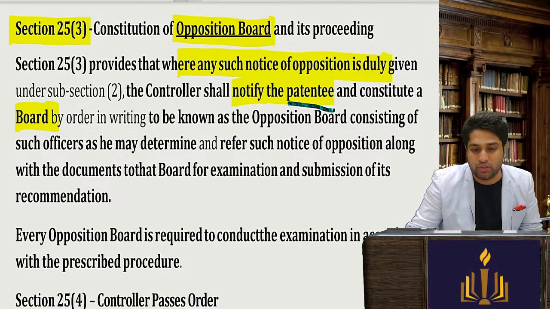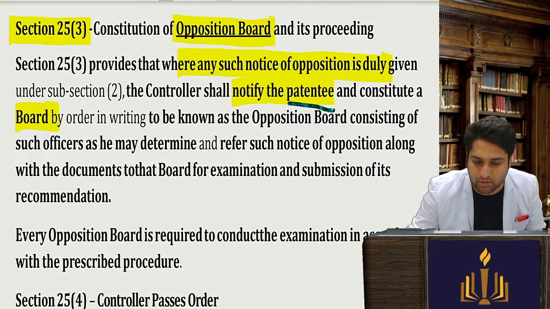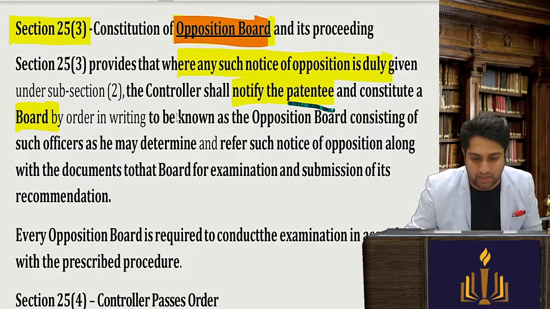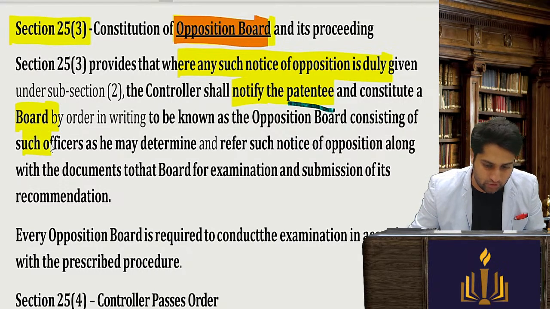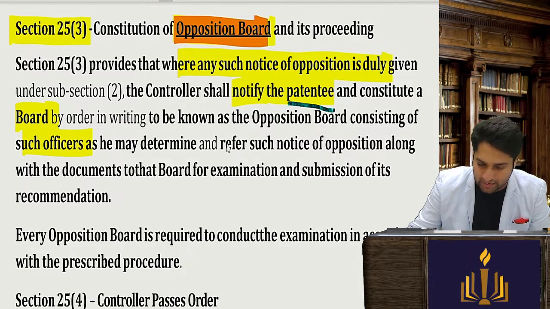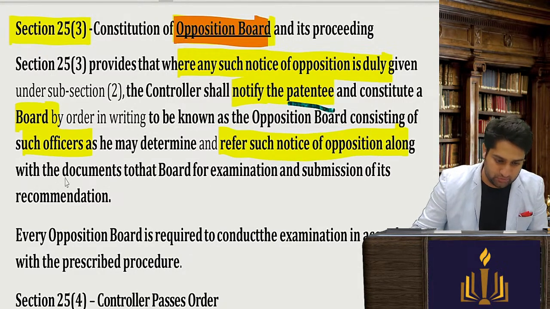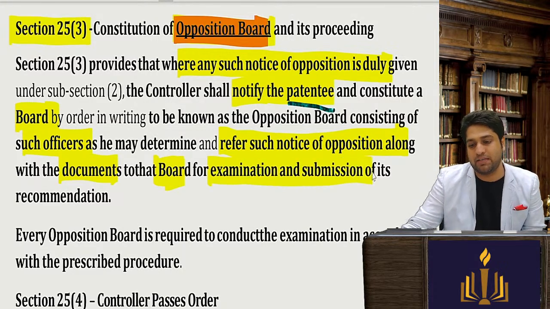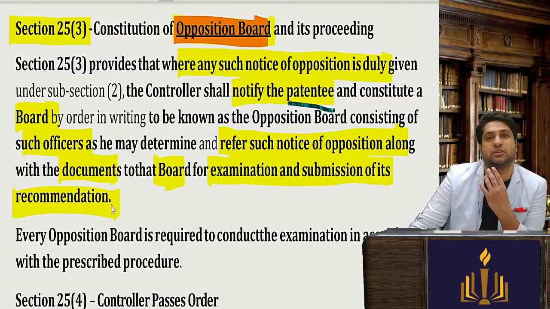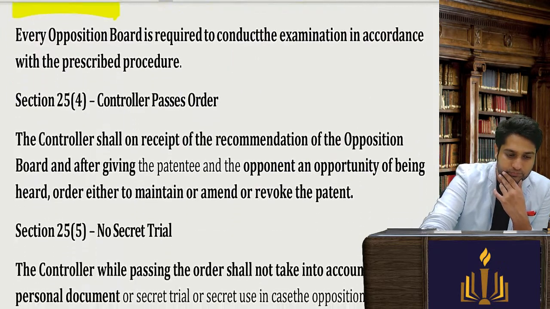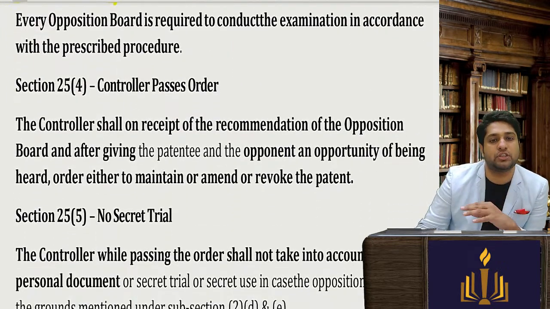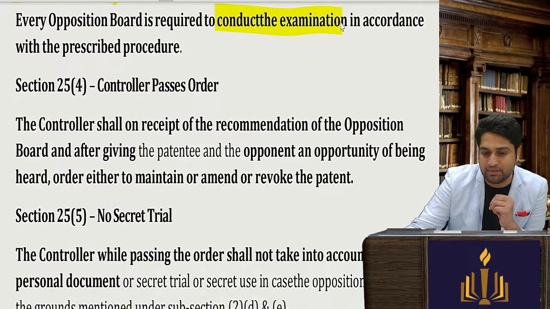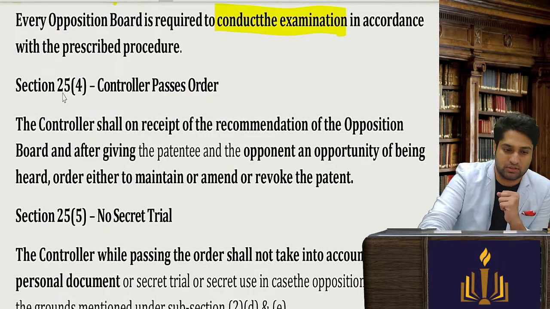And we will constitute an opposition board. The name of the board is opposition board, consisting of such officers as may be defined, and refer the notice of opposition along with the documents to the opposition board for examination and submission of its recommendation. Every opposition board is required to conduct the examination in accordance with the prescribed procedure.